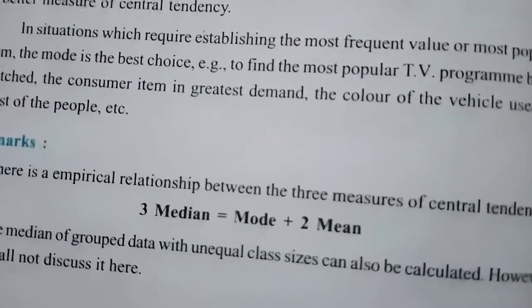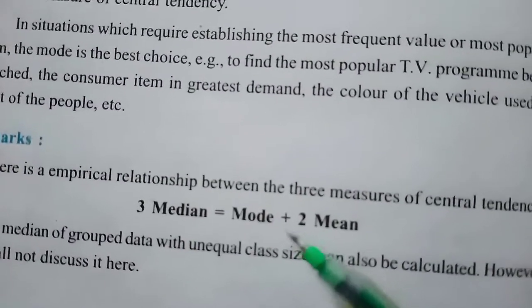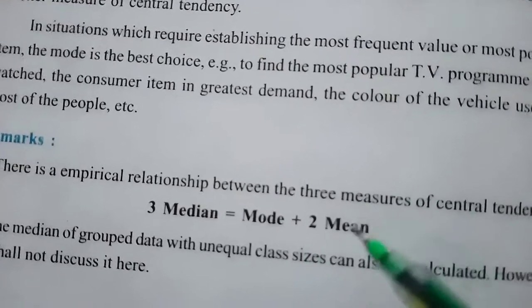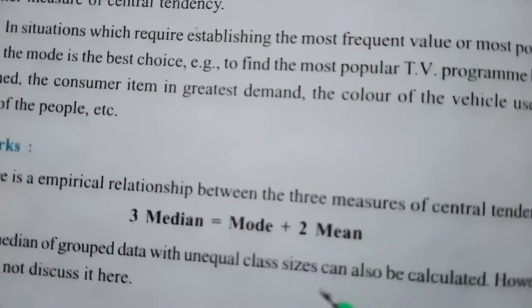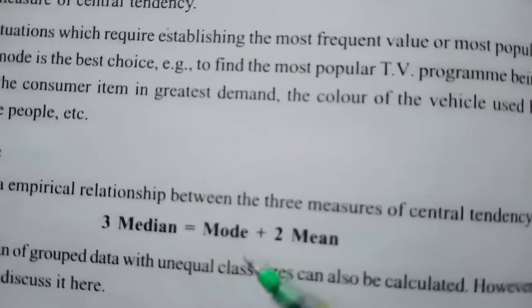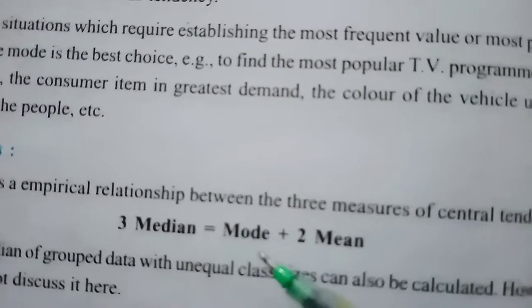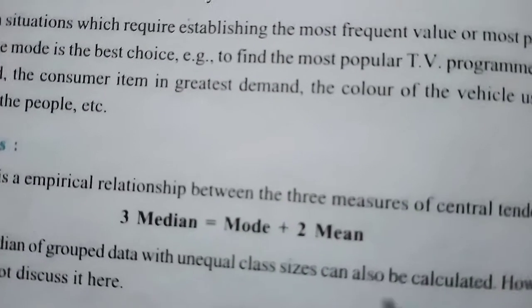This saves time, because finding the mean again by the assumed mean method or direct method takes time. So find any two which you feel free to do, and the third you can find using this formula. Now let us start.